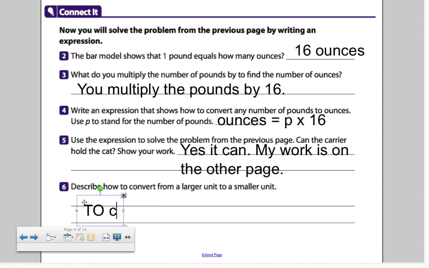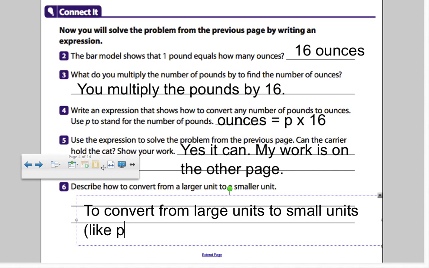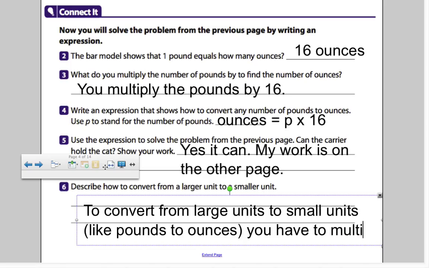To convert from large units to small units, like pounds to ounces, you have to multiply. Multiply by what?